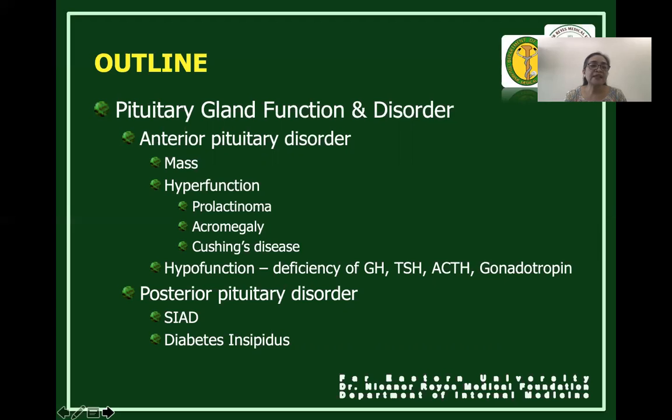We'll also tackle the hypofunction of the anterior pituitary, which will entail the deficiency of the growth hormone, the thyroid-stimulating hormone, the adrenocorticotropic hormone, and the Gonadotropin disorder. The last topic would be the posterior pituitary disorder, both its hyper and hypofunction, which is the syndrome of inappropriate antidiuretic hormone secretion, as well as diabetes insipidus.